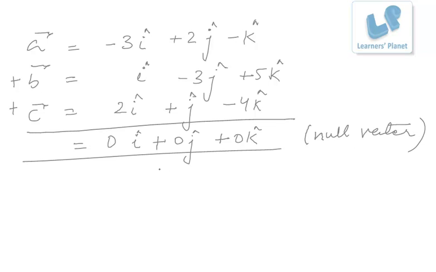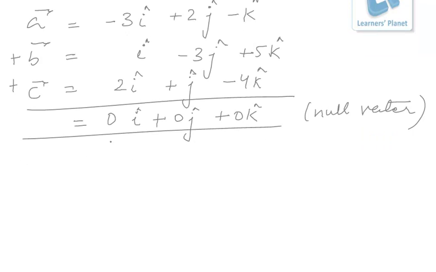That means the three vectors are indeed forming a triangle. Now the condition that we have to prove is that two vectors are mutually perpendicular to each other, or all three vectors form a right angle triangle. Now which two sides contain the right angle, that we have to see.